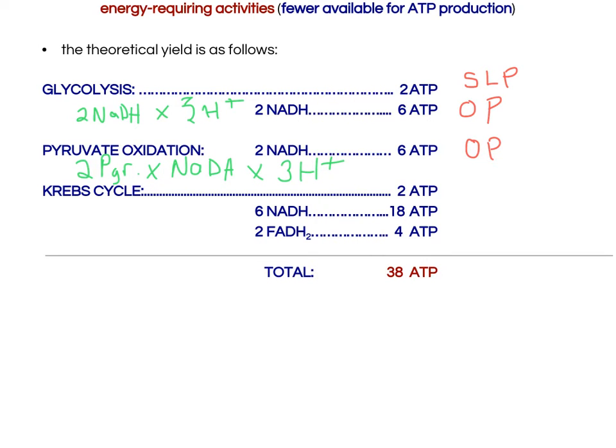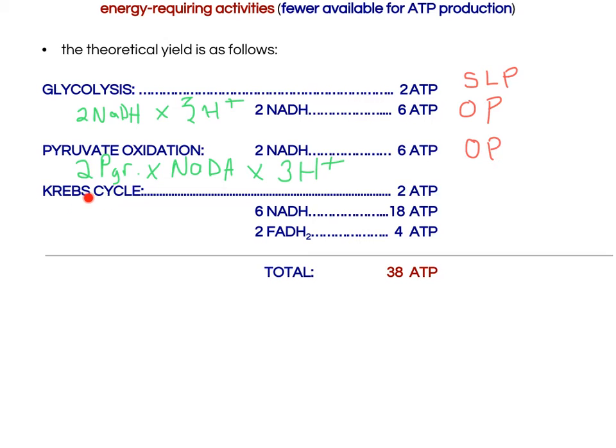Okay, the Krebs cycle. You'll remember that in the Krebs cycle we produced 2 ATP, but first they were GTPs. We need to remember that the Krebs cycle is looked at per acetyl coenzyme A that enters the cycle.